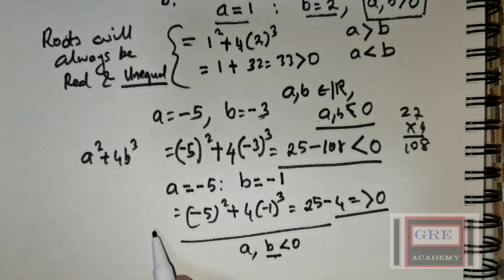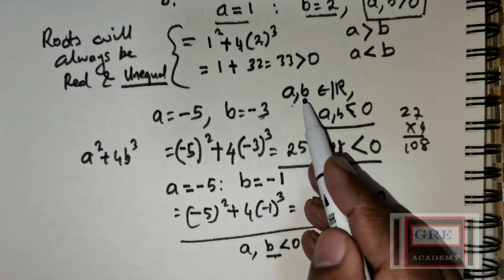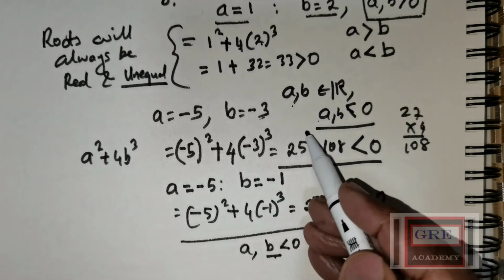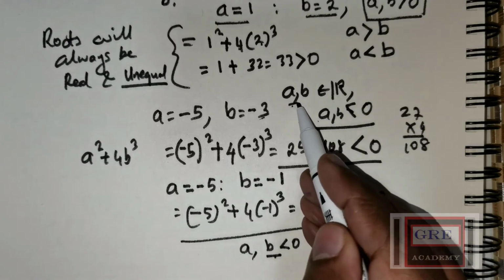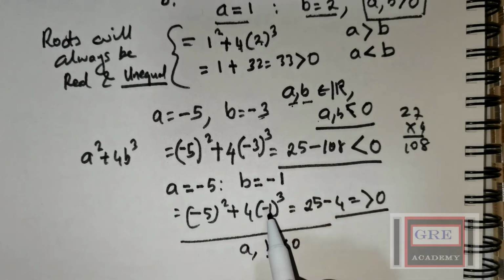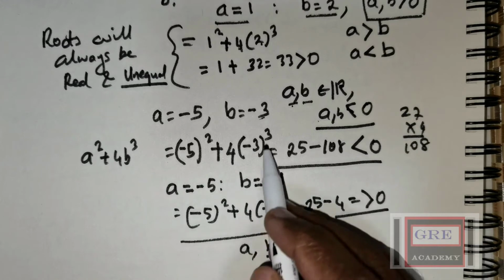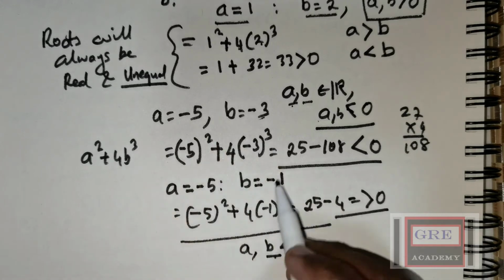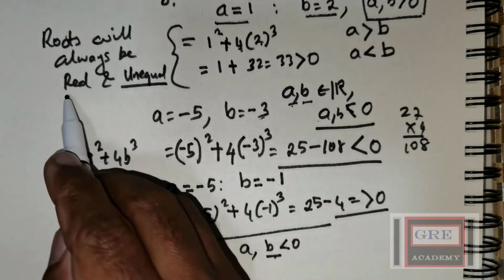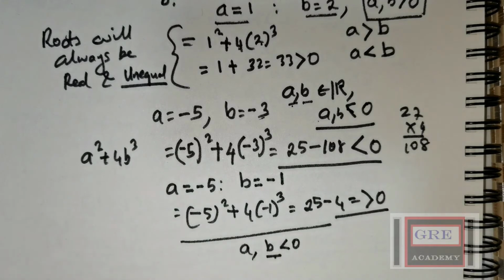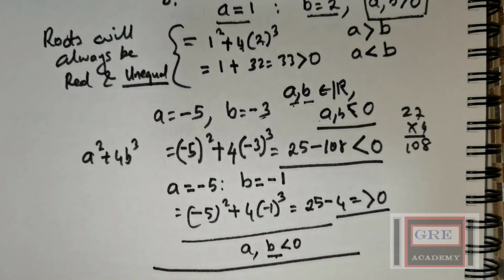We will have to see how they go, because if a and b are elements of real numbers, the values that a and b can take are really huge, and to zero in and make a decision would be a bit challenging. So how do we conclude this?